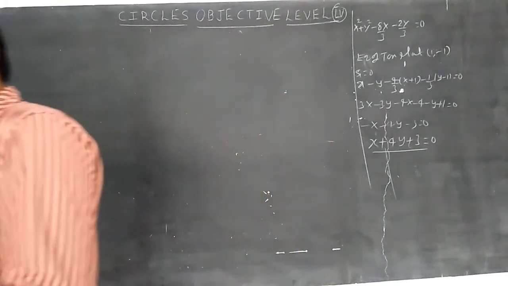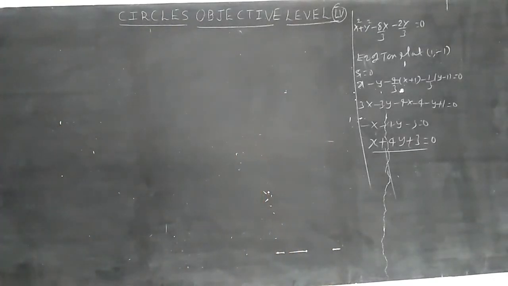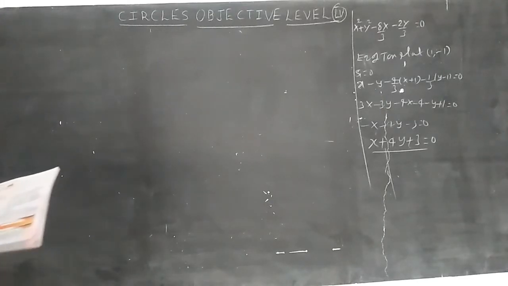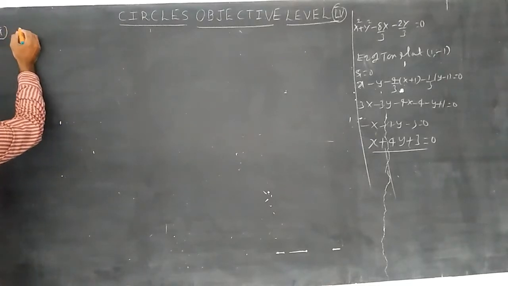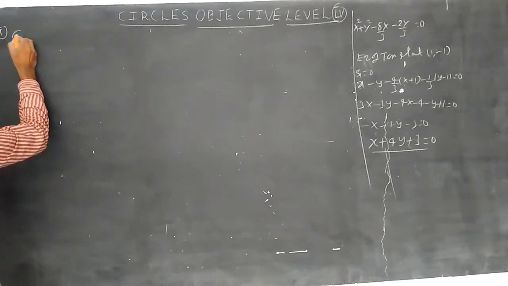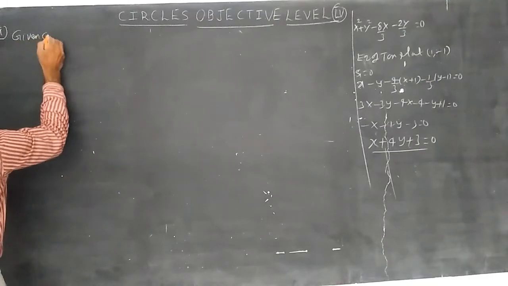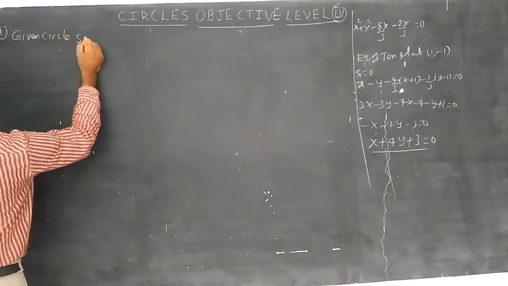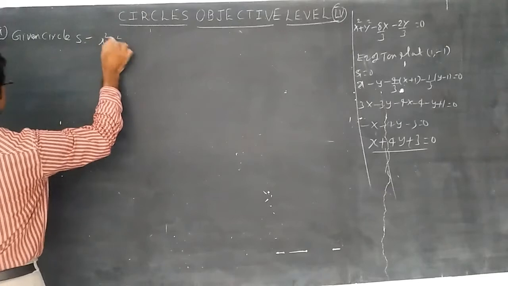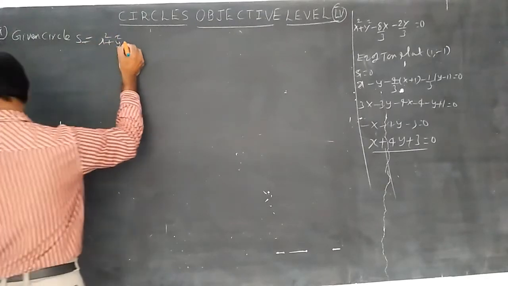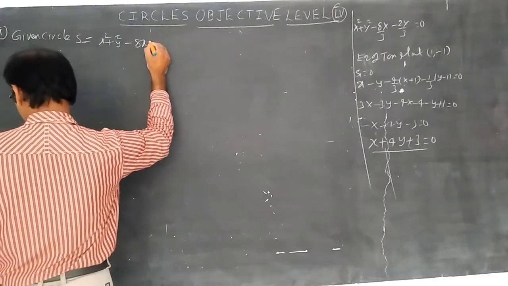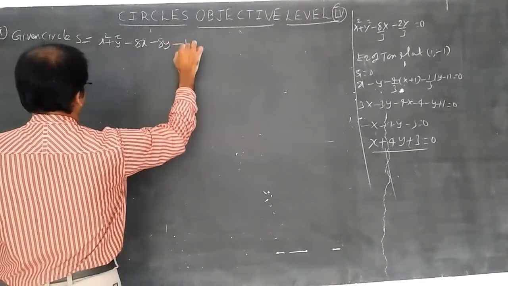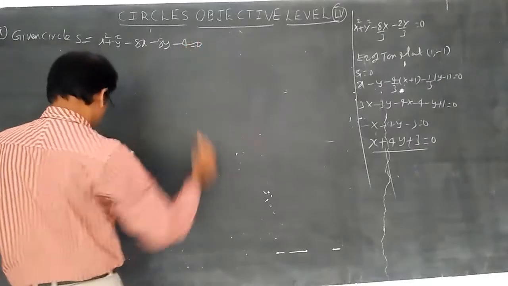The centers of those circles which touch the circle x square plus y square minus 8x minus 8y minus 4 equal to 0. The given circle is x square plus y square minus 8x minus 8y minus 4 equal to 0.